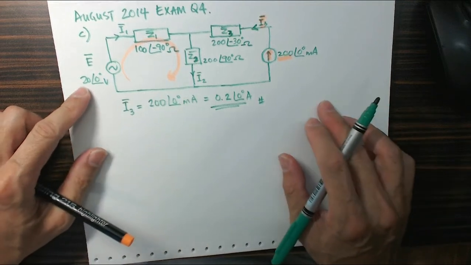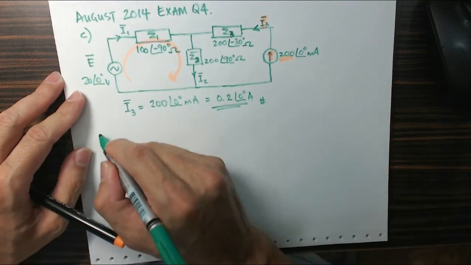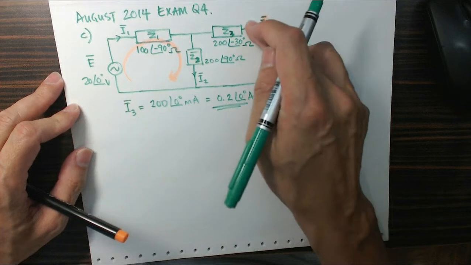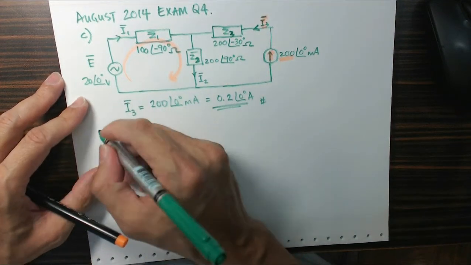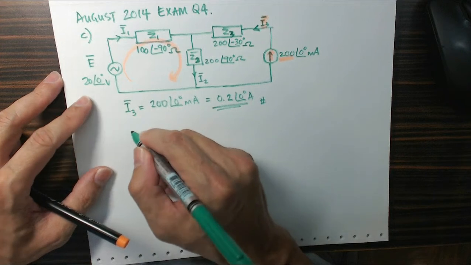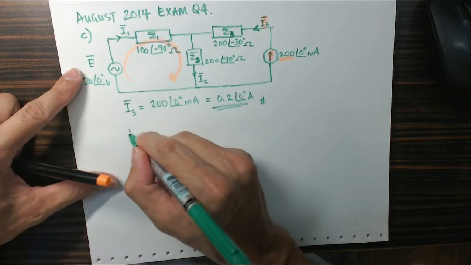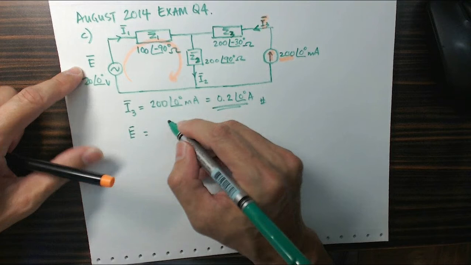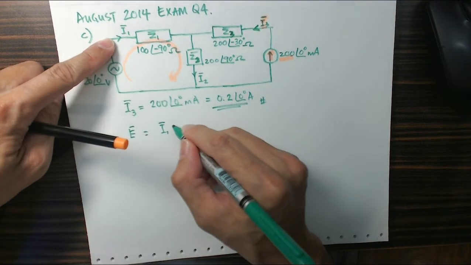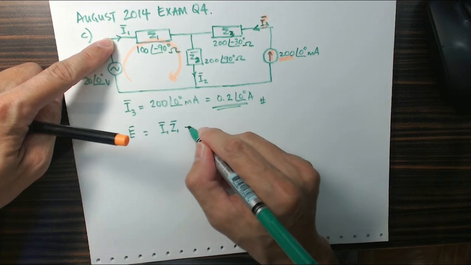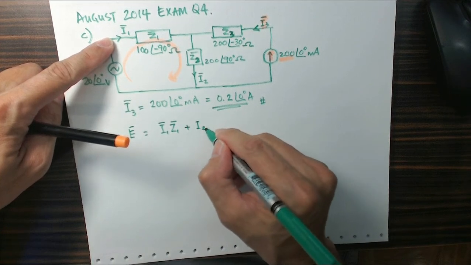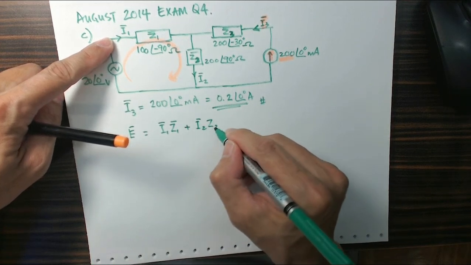Now, applying Kirchhoff voltage law, right? This is Kirchhoff current law. These two must be the same. Applying Kirchhoff voltage law, I will have E equals I1 multiplied by Z1 plus I2 multiplied by Z2.